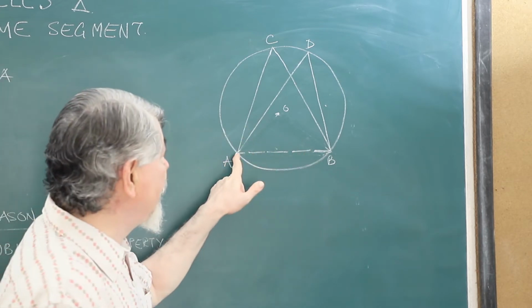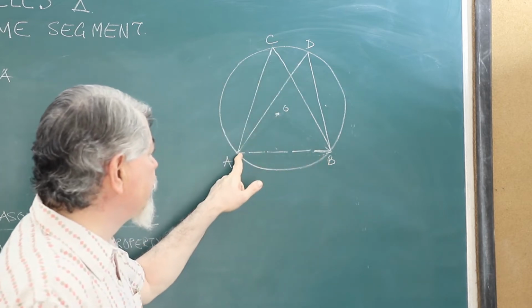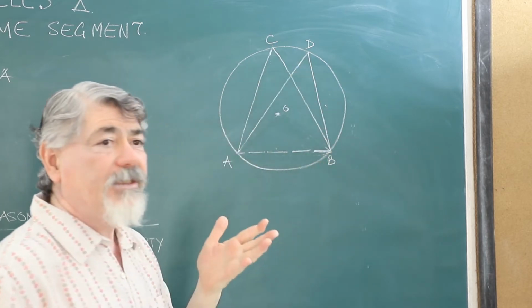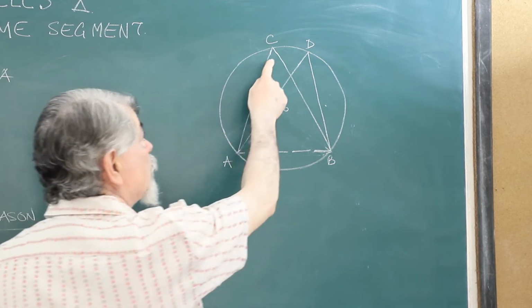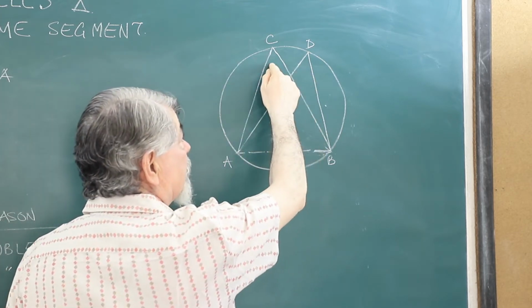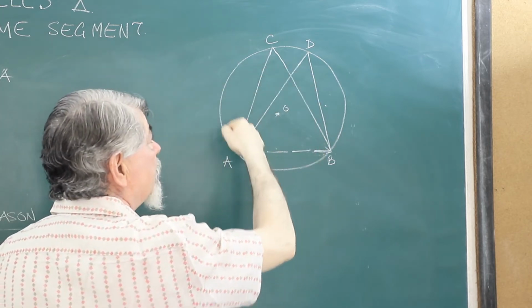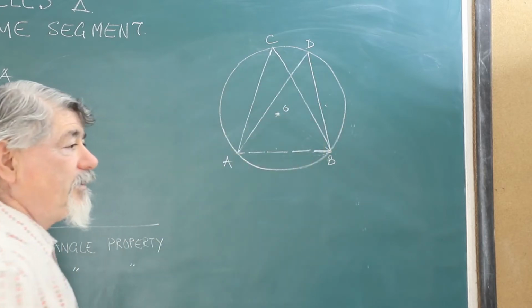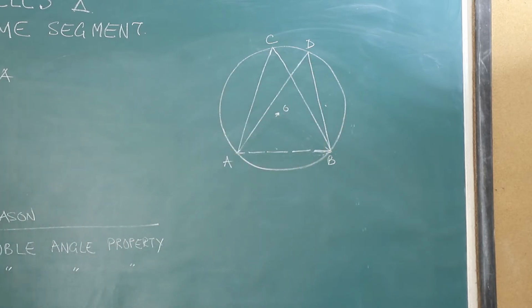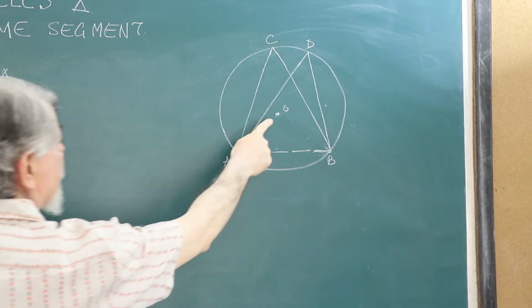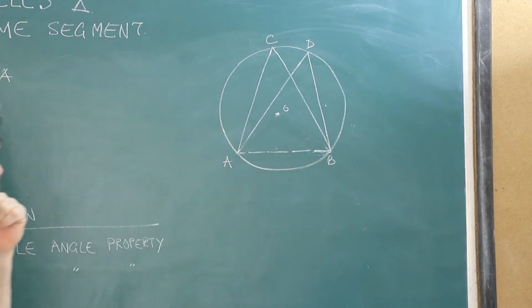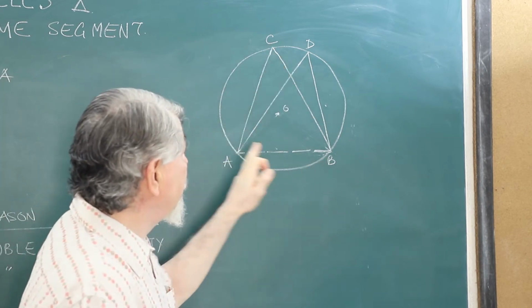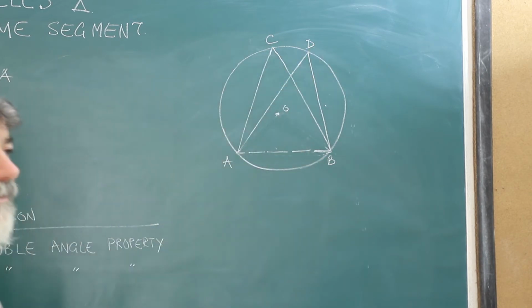For triangle ACB and for triangle ADB, the base is AB, so these two are in the same segment. They are in the major segment. The given is a circle with center O, and ACB and ADB are angles in the same segment of the circle.